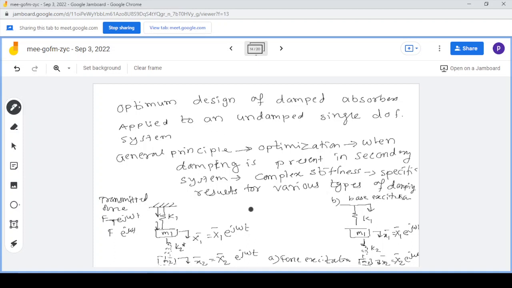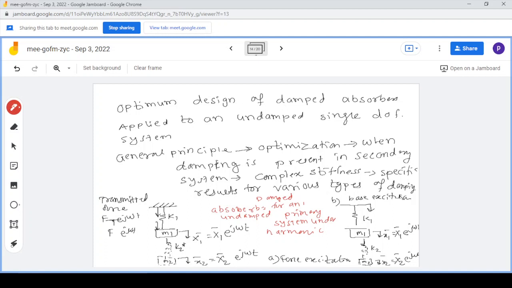And both are what? These both are damped absorbers for an undamped primary system under harmonic excitation. First force excitation and the second is base excitation.